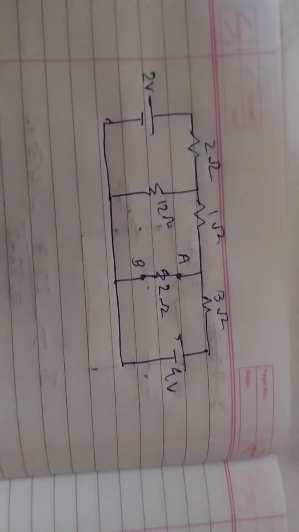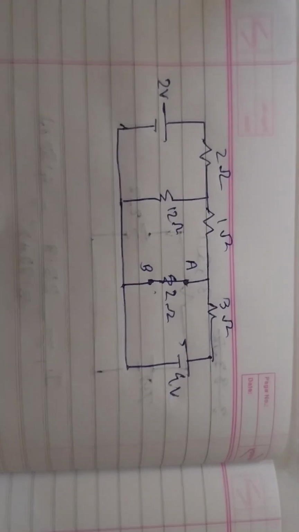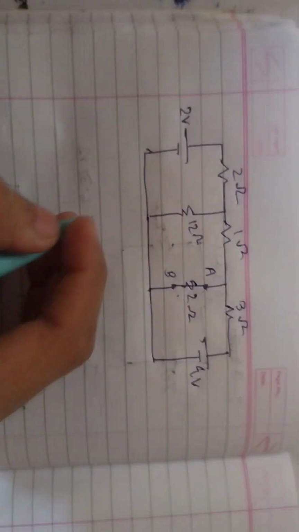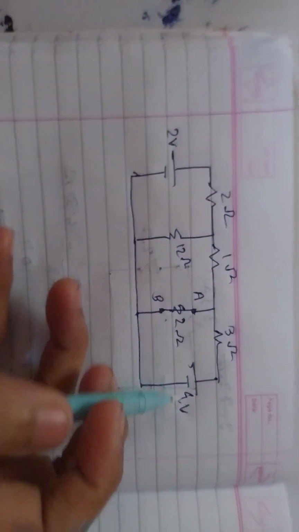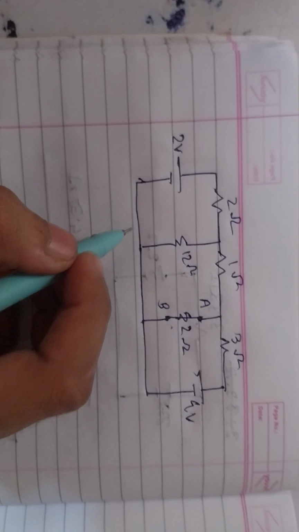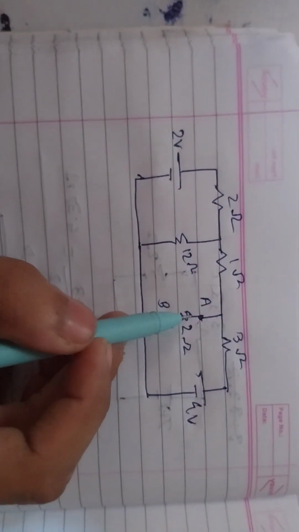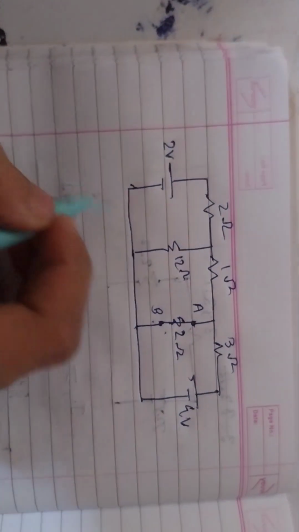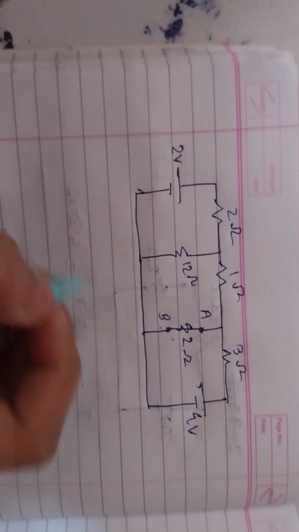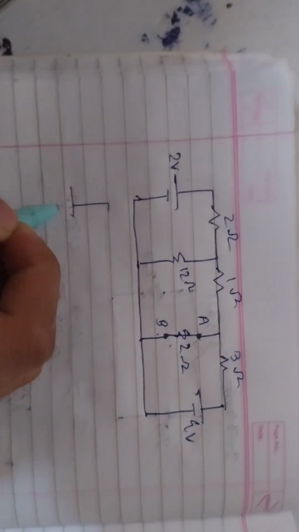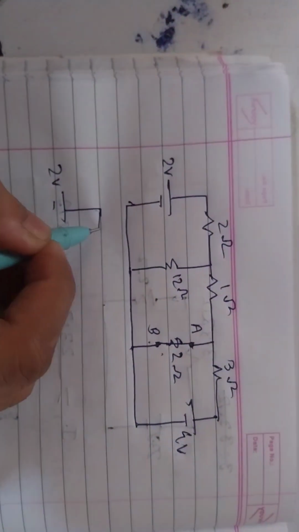So now in this sum there would be two loops while finding VTH, that is actually calculating I to find the VTH. So we have to find the voltage and current through 2 ohms. In order to do that, we always take it open as we do.